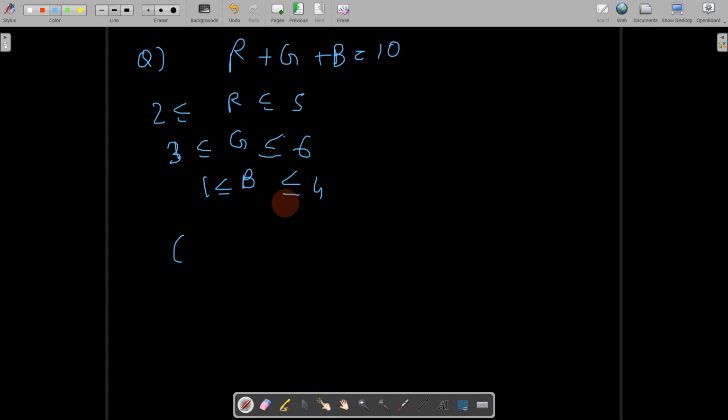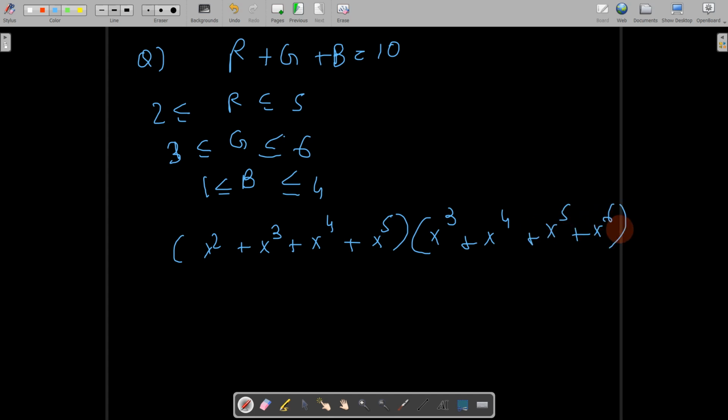Red can take only values from x power 2 plus x power 3 or x power 4 or x power 5, where the power is representing how many red balls you have chosen. The green can have x power 3, 4, 5, or 6 green balls, and the third will be 1 blue ball, 2 blue balls, 3 blue balls, 4 blue balls.